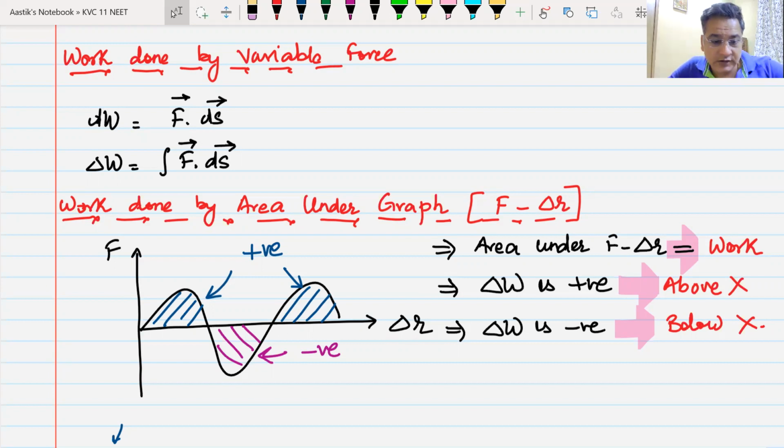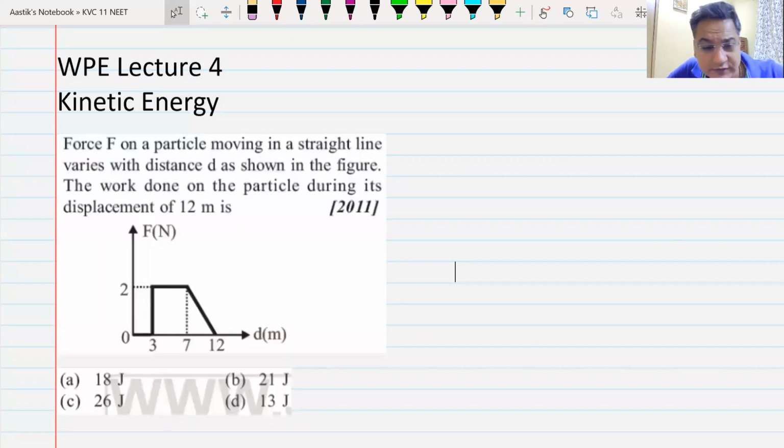So this is the question: force F on a particle moving in a straight line is given by this graph. I hope you can see the graph. What is the work done by the force on the particle for a displacement of 12 meters?